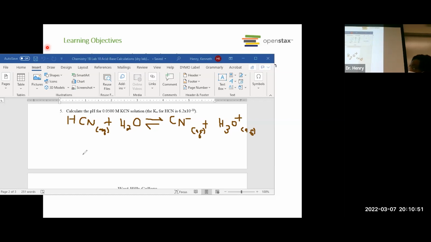So if we have, well, it doesn't change our equation. Our equation is going to be the same, but we're just priming this guy, right? This guy's going to have 0.0500 molar because it's a 1-to-1 ratio. For every 1 KCN, we have 1 CN. Okay, so that's what we're starting off with. And so then it's going to be able to go back to this, right?